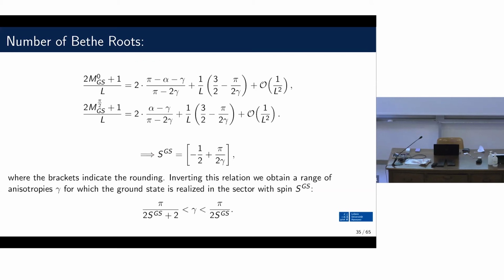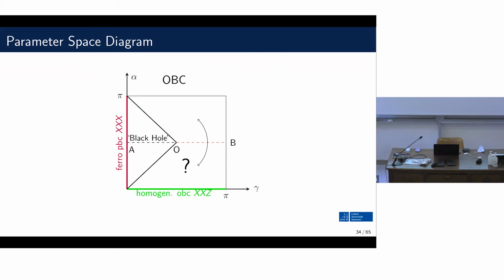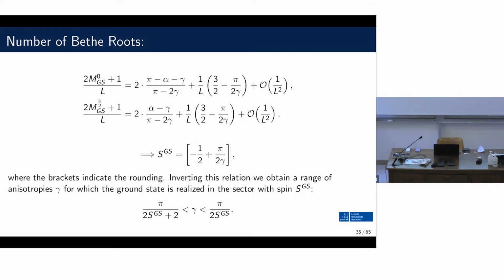So when one has the densities of the ground state, the bulk and the surface contribution, one can calculate the predicted spin of the ground state. One should check that when we send gamma to 0, we obtain the ferromagnetic periodic XXX chain, and we should check if our density approach recovers this result, and indeed it does. When one integrates the densities, one can calculate the number of Bethe roots, and then one can calculate the UQSL2 spin of the ground state, and one finds that it is given by this.